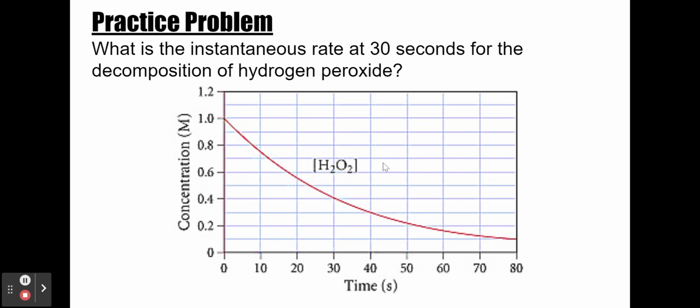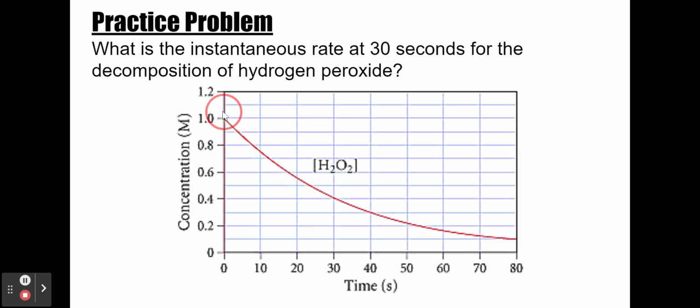Because hydrogen peroxide is decomposing over time, we're getting less of it as time goes on. So we start here at 1 molar concentration. As time goes on, that concentration is going to decrease because the hydrogen peroxide is decomposing into probably water and oxygen.